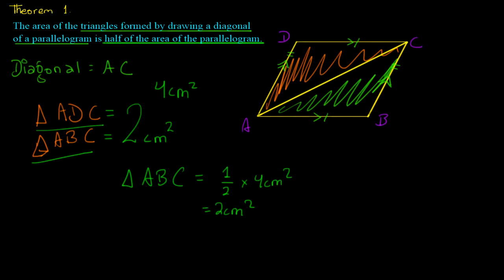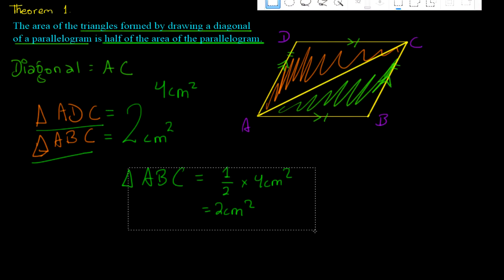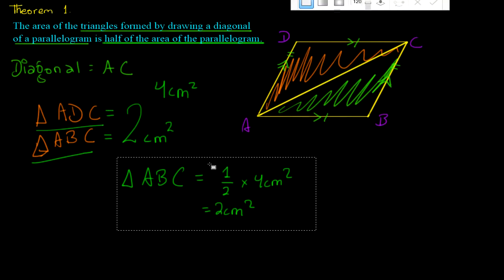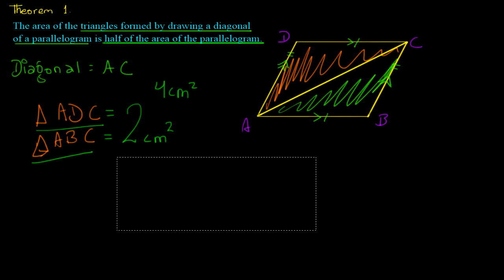So in order to prove this theoretically, we know that if two triangles are congruent, then the areas of the triangles are equal. So we can prove that by using some techniques. If we prove that triangle ABC is congruent to triangle ADC, then we can prove that the area of triangle ABC is equal to the area of triangle ADC.